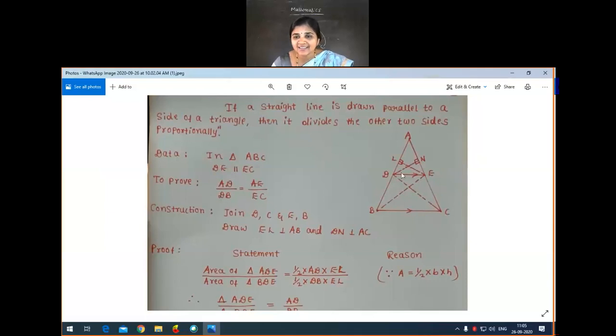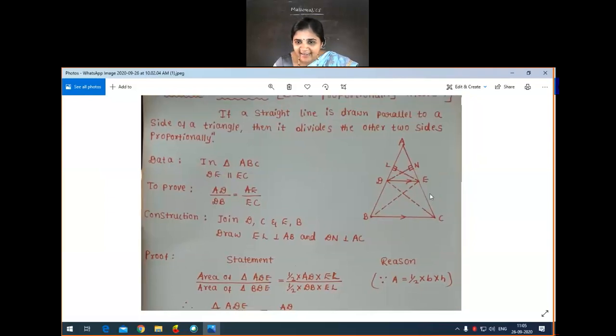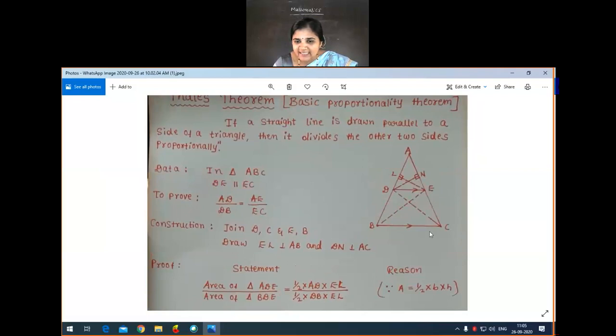Here I think you are observing one concept from last year, no? This DE line is parallel to BC. Are you observing triangle BDC and triangle EBC on the same base between the same parallels? Then the area of triangle BDC is equal to the area of triangle BEC. Two triangles on the same base and between the same parallels are equal in area.